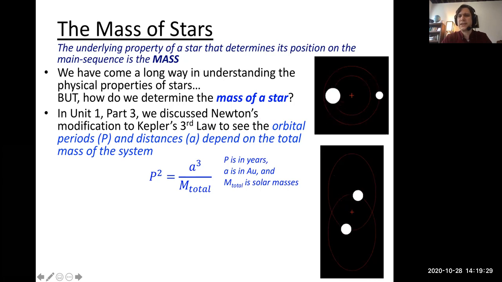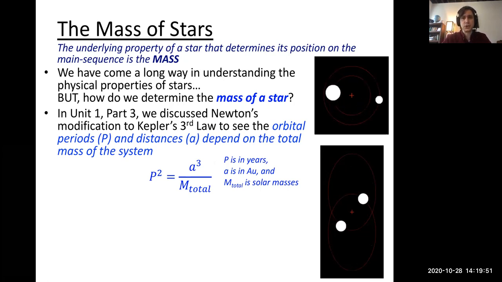Over here, I have an example of two uneven masses with roughly circular orbits, and here I have two equal masses with elliptical orbits. So if we can determine the period and the semi-major axis, then we can determine the mass.